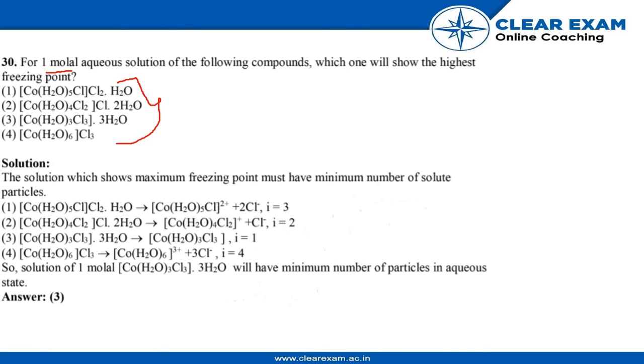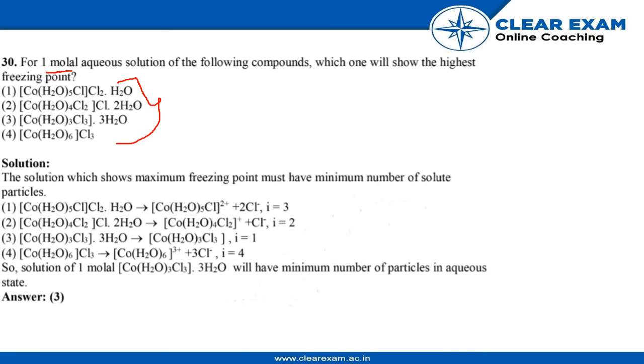Respectively for the others, [Co(H2O)4Cl2]Cl.2H2O, i will be 2, and for [Co(H2O)3Cl3].3H2O, i will be 1, and for the last one, [Co(H2O)6]Cl3, [Co(H2O)6]3+ and 3Cl-, i will be 4.